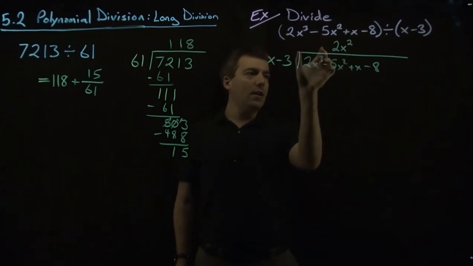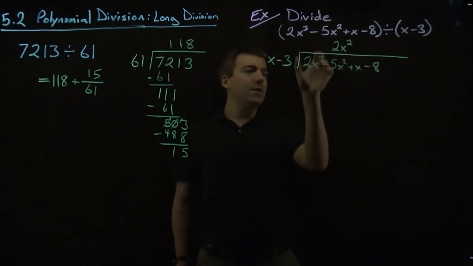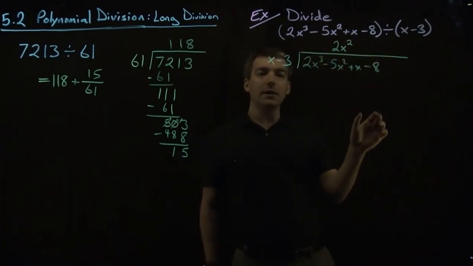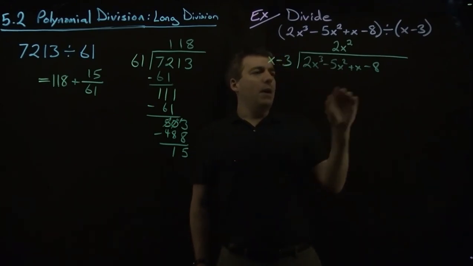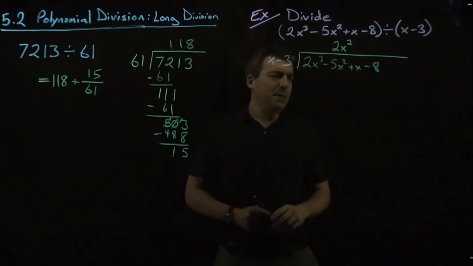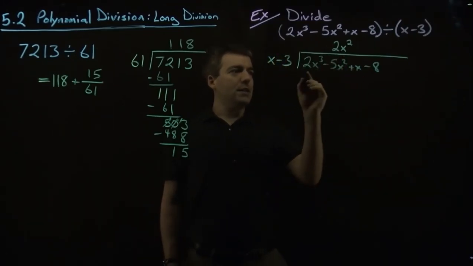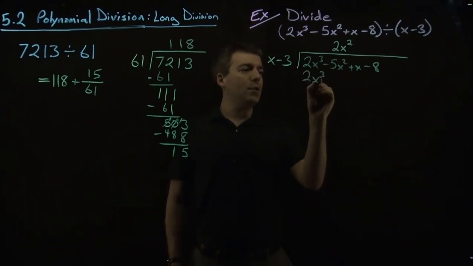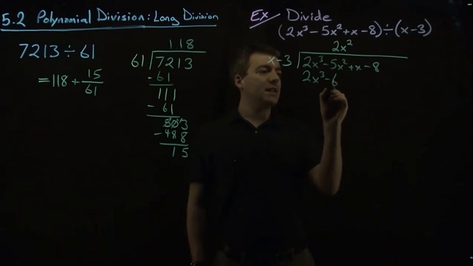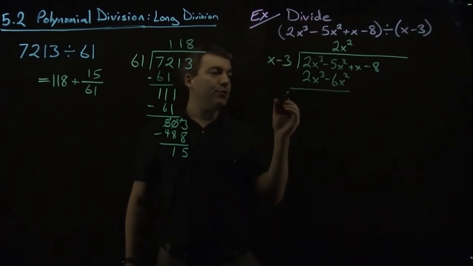I'm trying to keep columns here with the appropriate powers of x. So we've got x cubed, x squared, x to the first, and then constants. If this polynomial were missing any of them, we'd want to include that column. We'll do more examples of that later. Okay, so 2x squared times x is going to be 2x cubed, and then 2x squared times negative 3 is negative 6x squared. All right, and now we subtract.